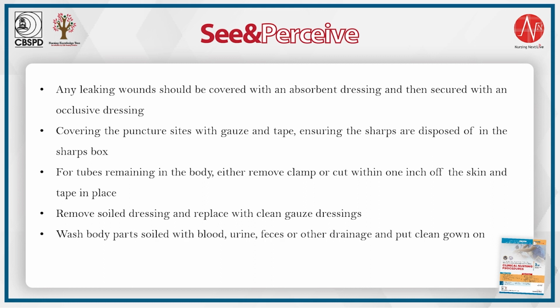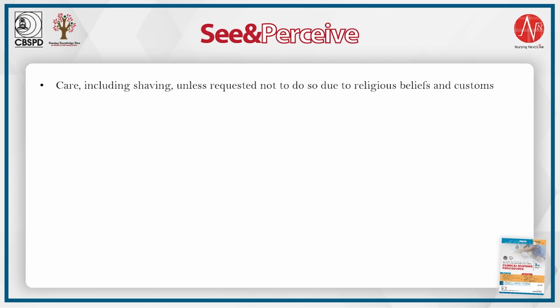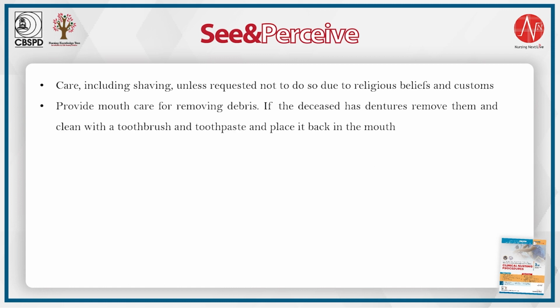Wash body parts soiled with blood, urine, feces or other drainage and put clean gown on. Apply jaw bandage. Care including shaving, unless requested not to do so due to religious beliefs and customs.